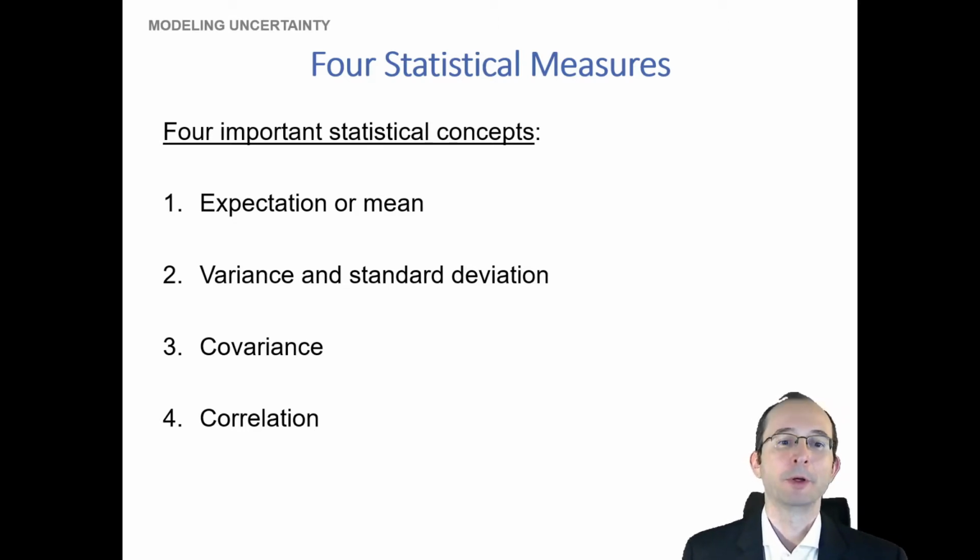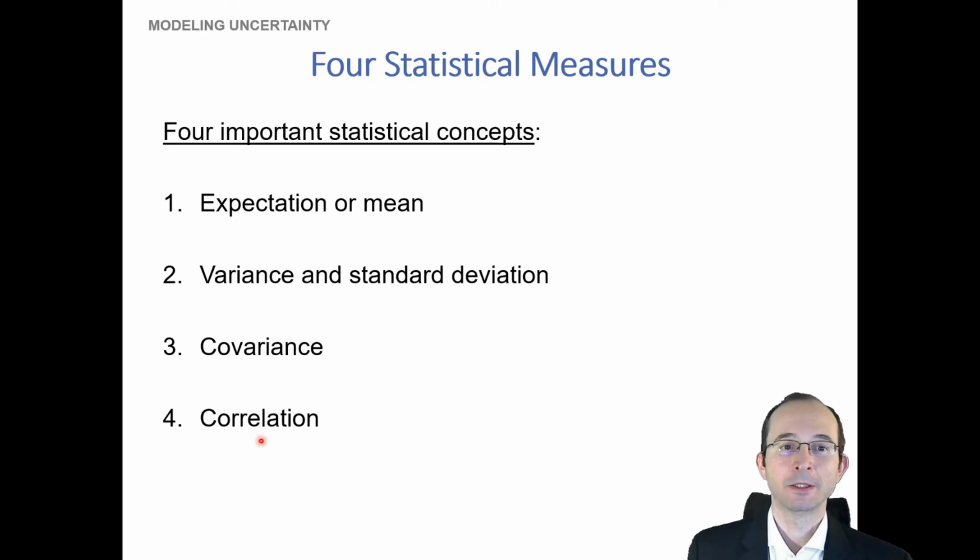Really, the primary things that you need to think about as a portfolio manager or an investor are the expectation or mean return or payoff to your portfolio, the variance or standard deviation of that portfolio, that would be our risk measure, the covariance of the portfolio with other portfolios or of assets within the portfolio, and its cousin, correlation.